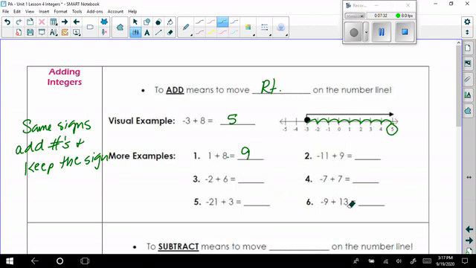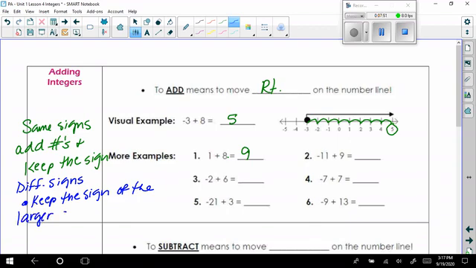All of the other ones on this little section have different signs. So different signs, you're going to keep the sign of the larger absolute valued number, and we're going to subtract the numbers themselves.